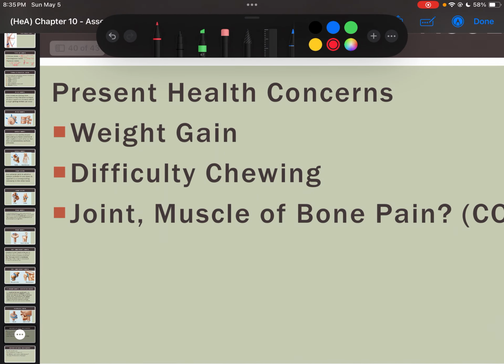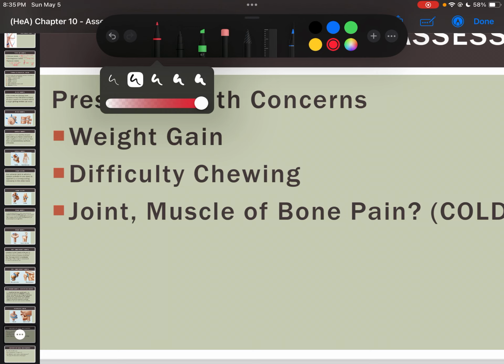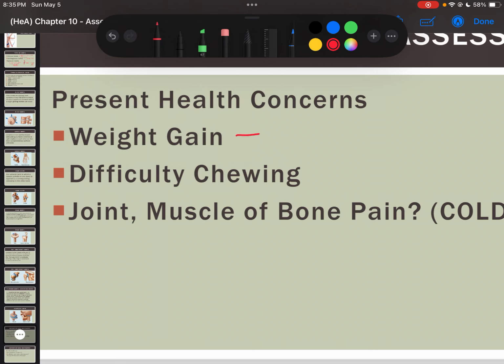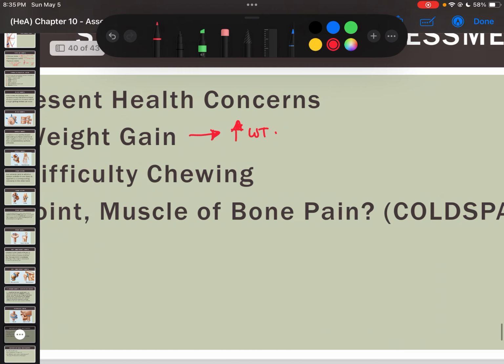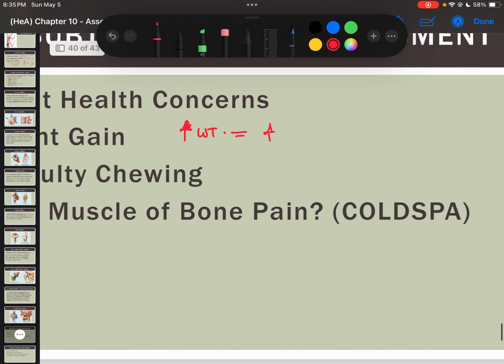First is our present health concern. First, we have to ask the patient about weight gain. If there is an increase in weight, it can result in increased physical stress.